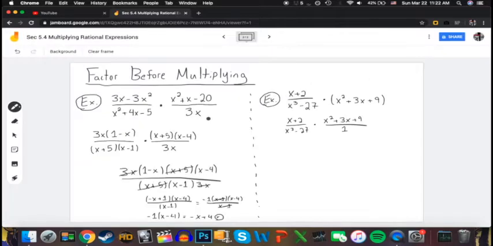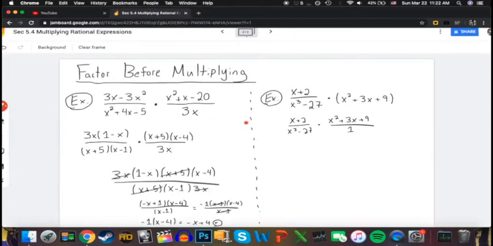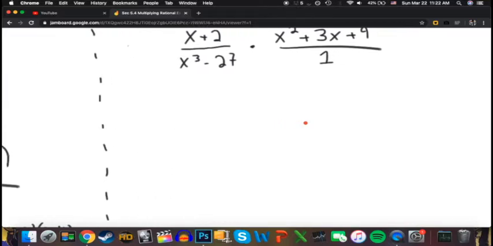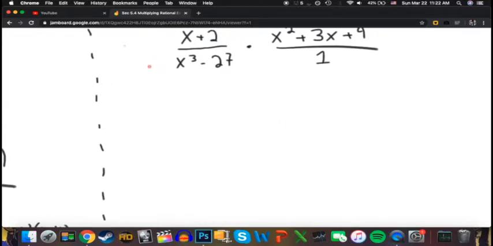And let me change the color of our pen to remind us of a factoring technique with this particular expression. Notice how you have x cubed minus 27. So here is a case in which you have a difference of perfect cubes. And there was a nice formula that we could use when it comes to factoring these expressions here.